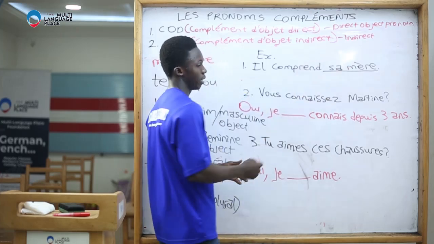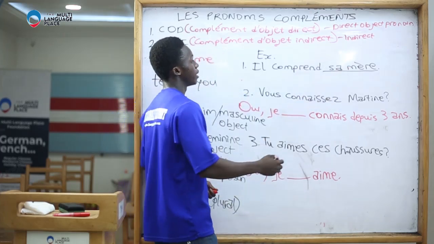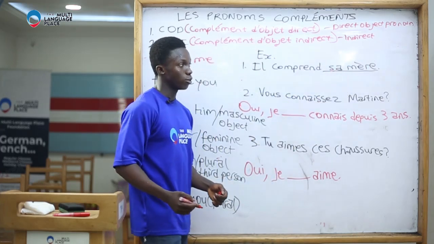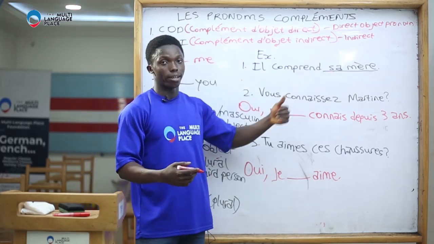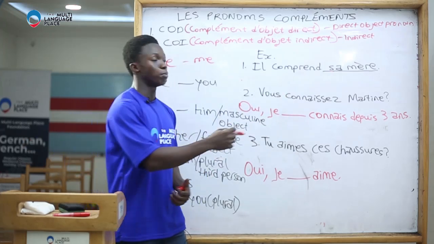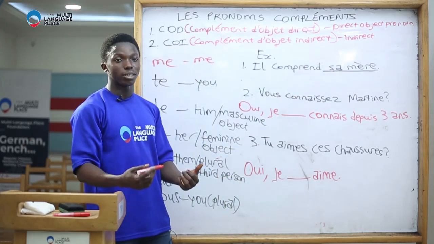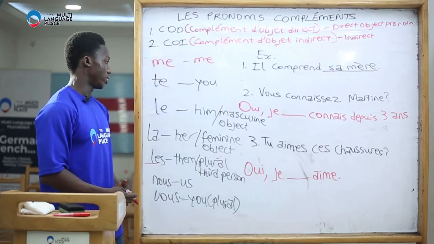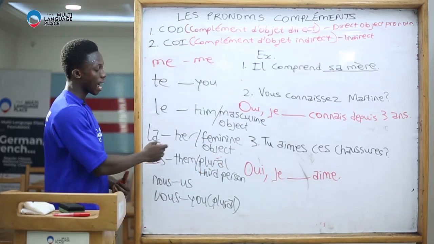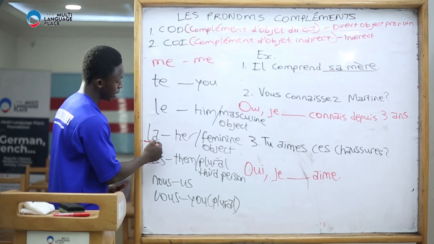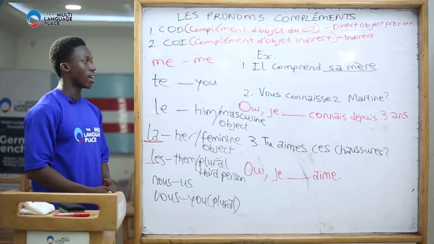Now, to replace this with a pronoun, I want to say he understands her. I'm replacing his mother with a pronoun. How do we say that in French? We look at her in French. Her is la.